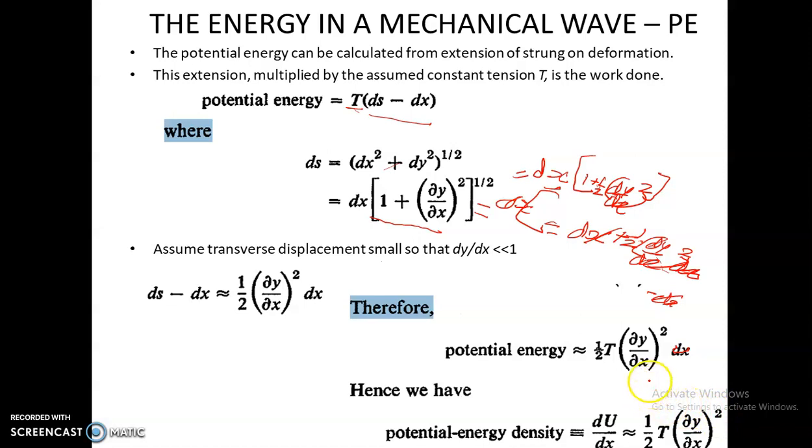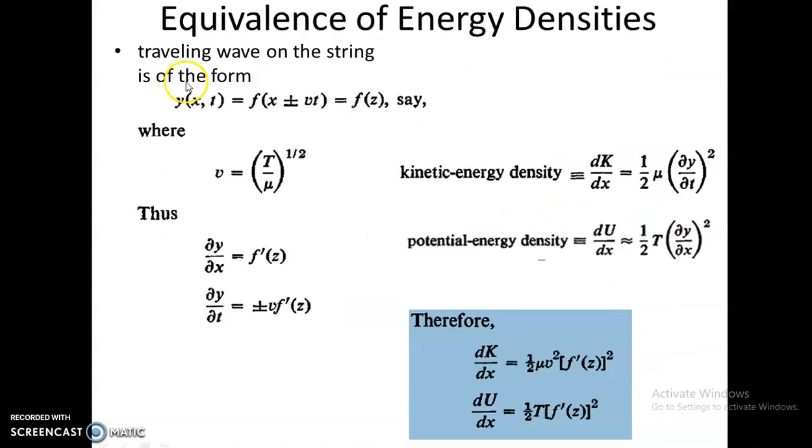Now we can prove that the potential energy density and the kinetic energy density in a mechanical wave are exactly equal. We have already obtained two empirical relationships for this. We will now see that these two energies are exactly equal, and that will be contributed towards the total energy.